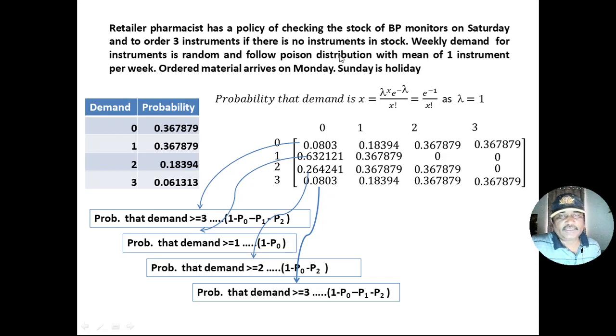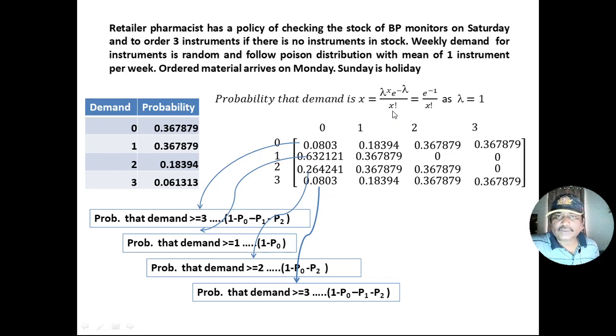Now, here we are referring to Poisson's probability distribution. The demand for BP monitors follows a Poisson distribution. You know the formula for the probability that the demand is x is given by lambda to the power x into e to the power minus lambda upon x factorial.